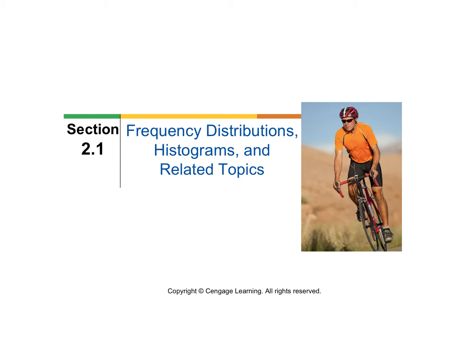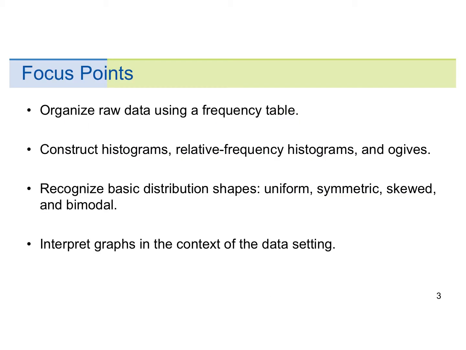You're going to learn how to draw a frequency histogram and a relative frequency histogram, and then you're going to finish off with an ogive, which comes from your cumulative frequencies. And that's the end of chapter 2.1.